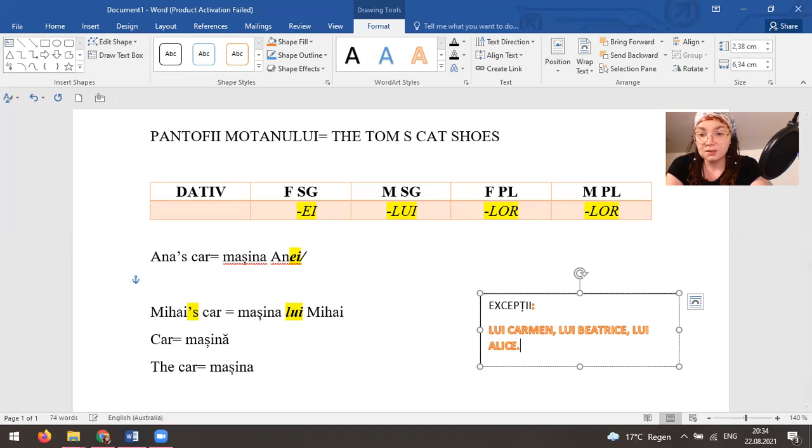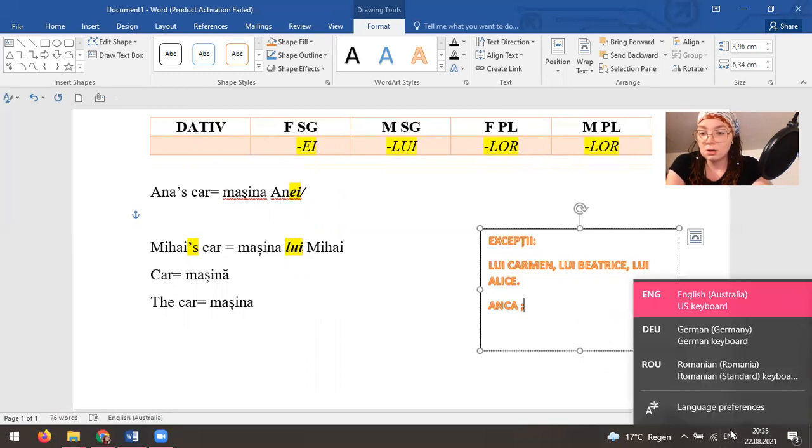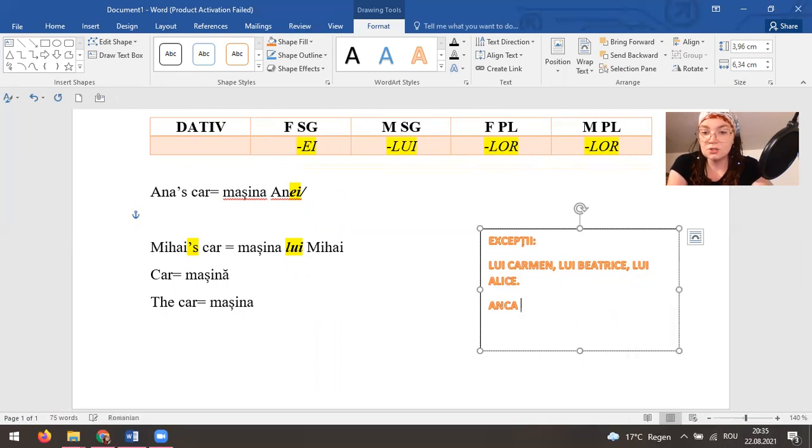Another exception will be these two girls' names that, even though they end with a, Anca and Bianca. How do they end in dative?